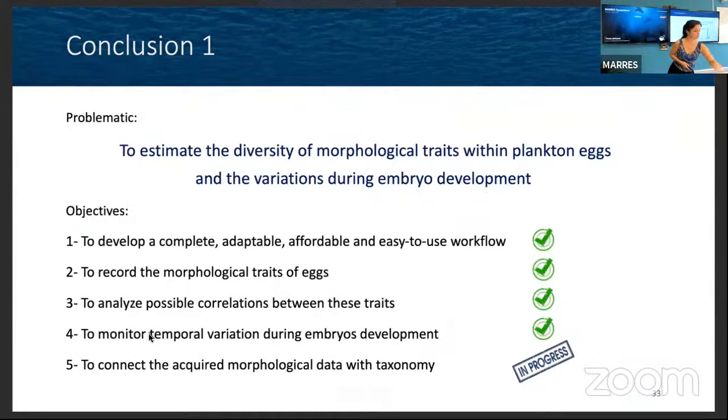So to sum up, we have preliminary results to assess this diversity, because we have developed an efficient workflow to record morphological traits, analyze their correlation, and also monitor temporal variation. Now, the taxonomy is currently ongoing, because I showed you just a pre-identification, but for sure we will be able to go further thanks to DNA barcoding.